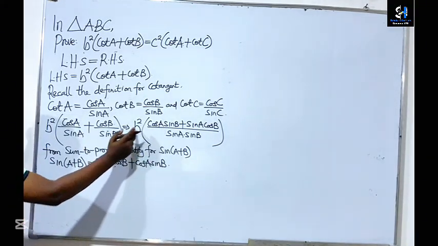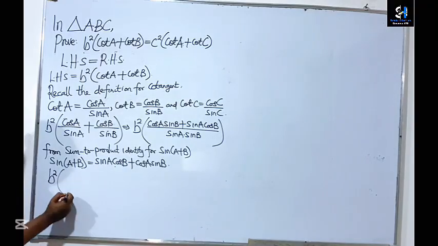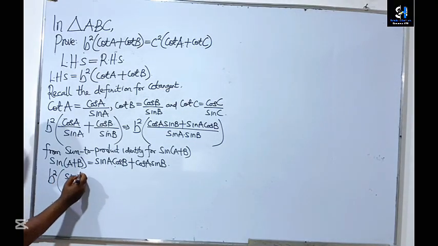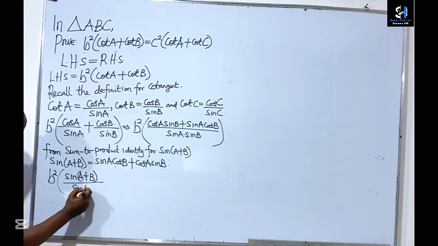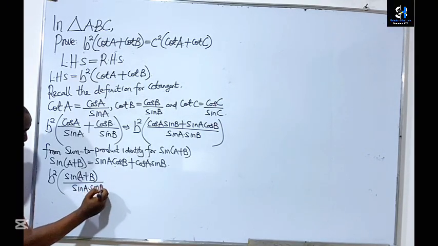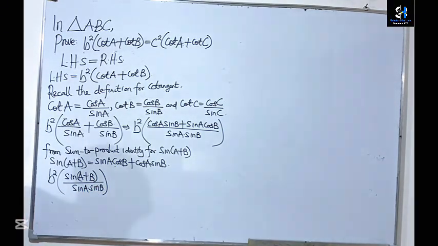So I'm going to write this as b squared (sine (A plus B) divided by sine A sine B).